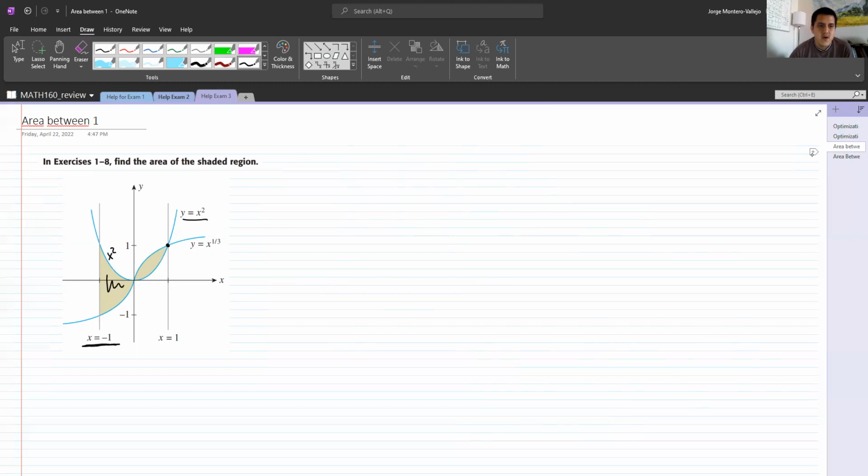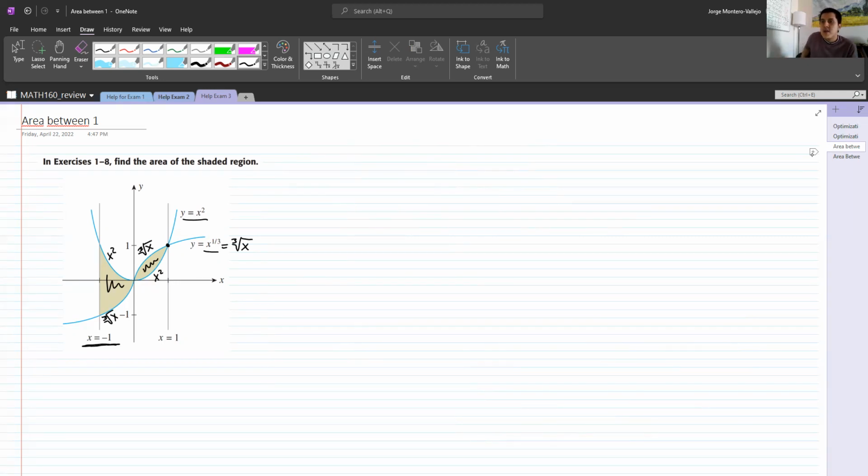And the function below is x to the 1/3, which is the same as cubic root of x. So you see that for this region, x squared is on top and the other one is below. But for this region over here, the rules switch. Now the cubic root function is on top and the x squared function is below.